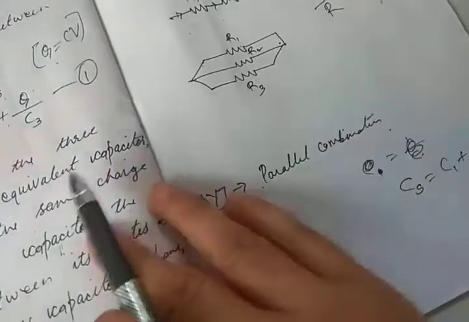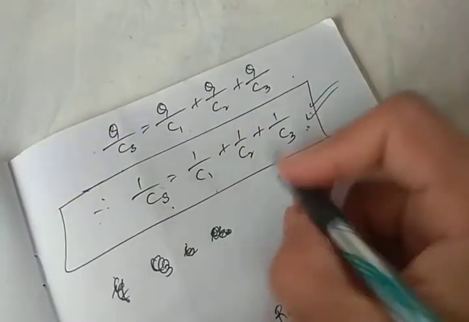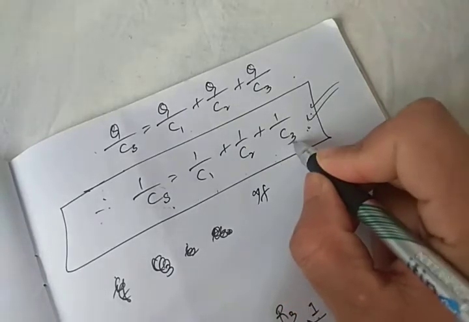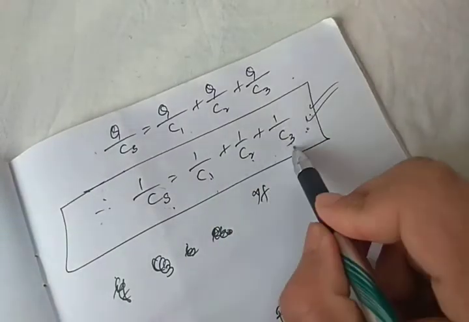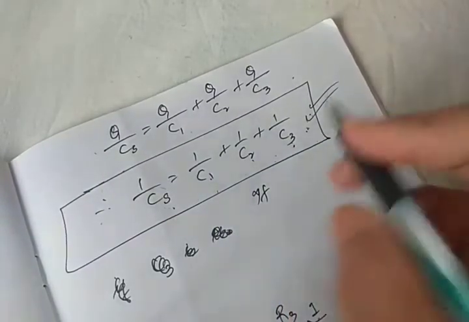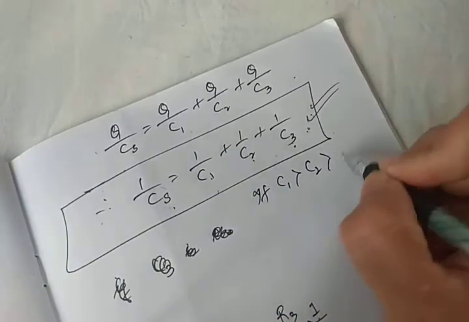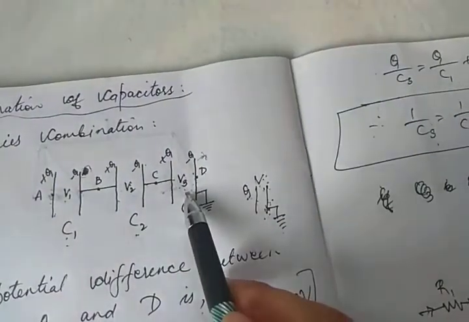Now one more thing I want to stress upon. Say for example, C3 is the smallest of C1, C2 and C3, say C1 is the biggest, then C2, then C3. So C3, the third capacitor, has the smallest capacitance.